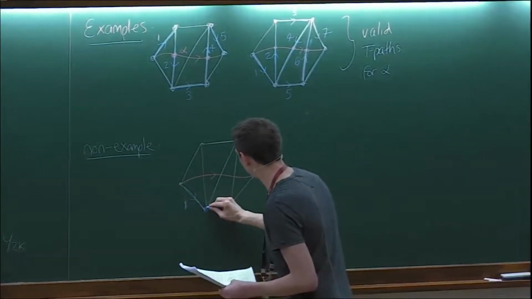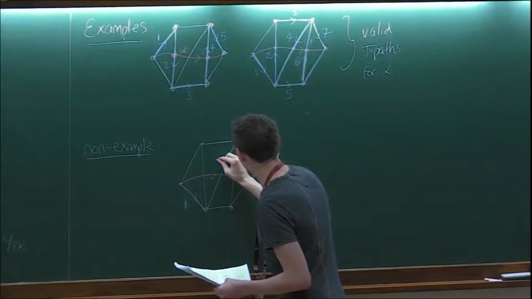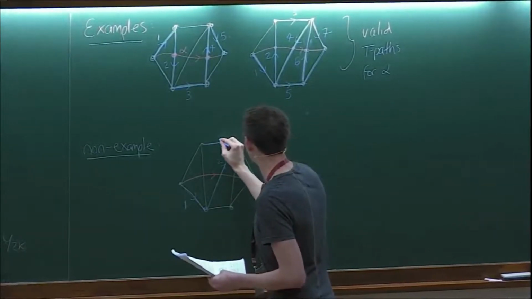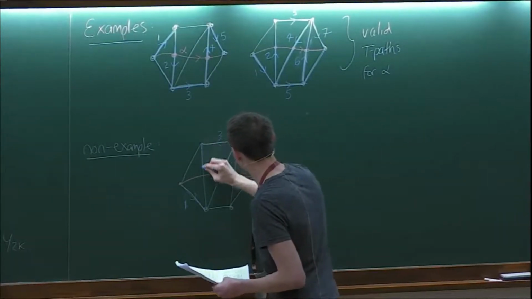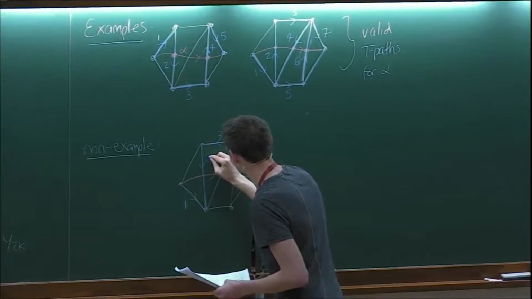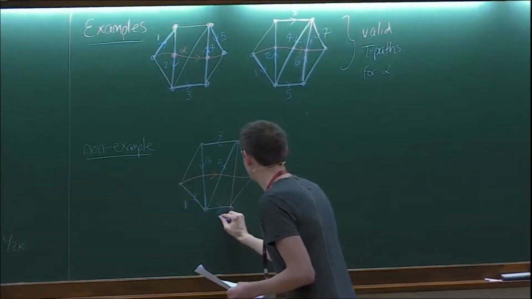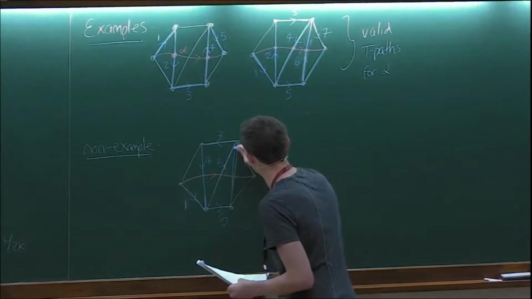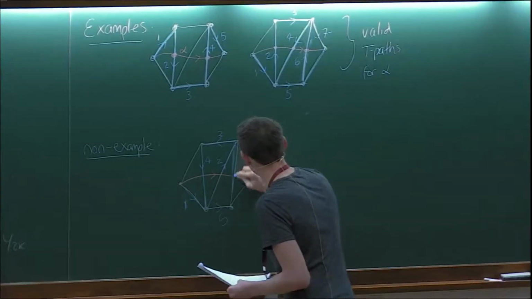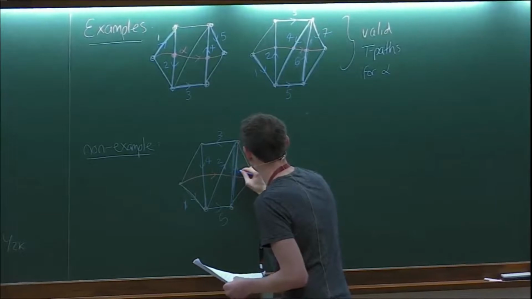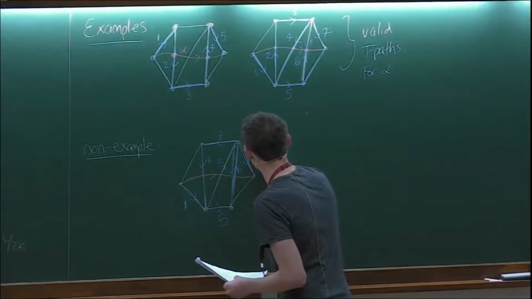So here, like we said, after we go along 1, we can go along 2, but then maybe we go back 3, 4, 5, 6, and then 7.